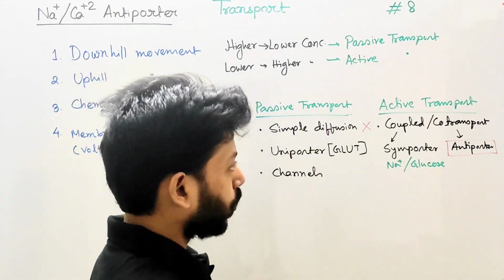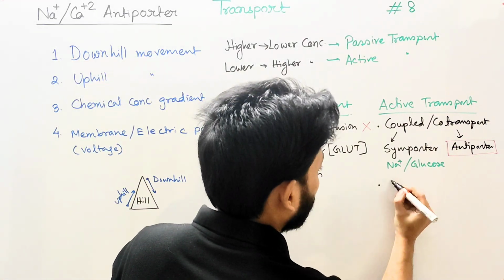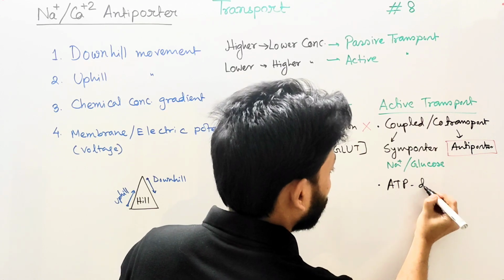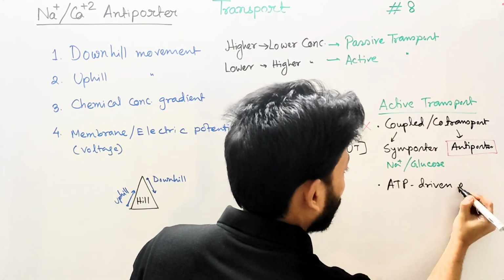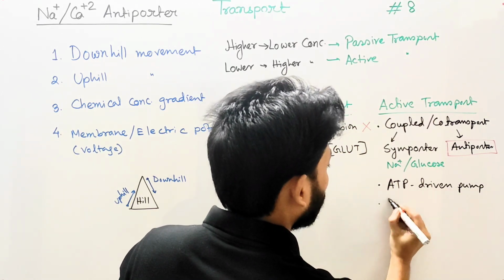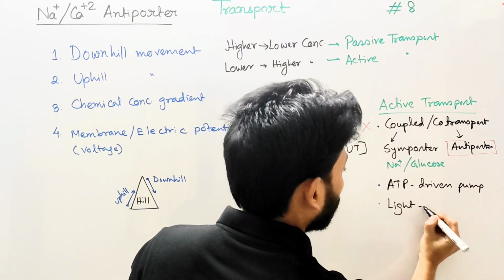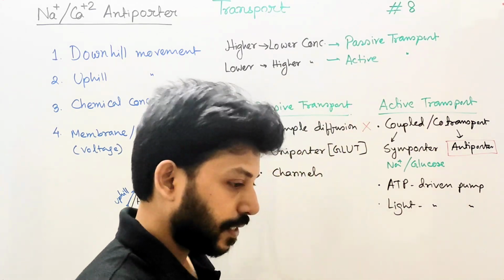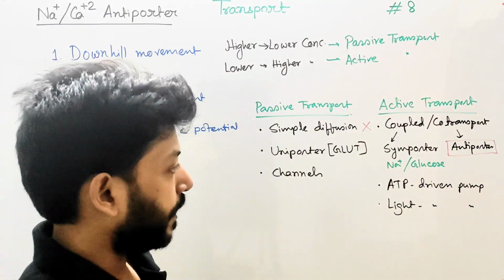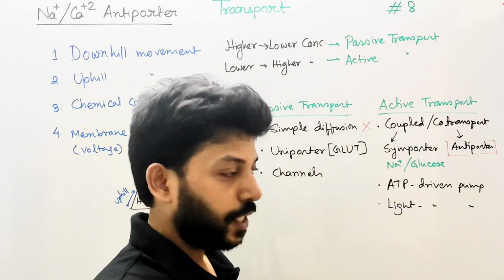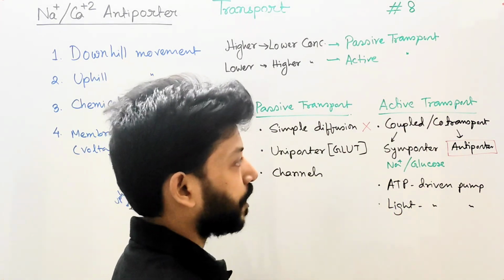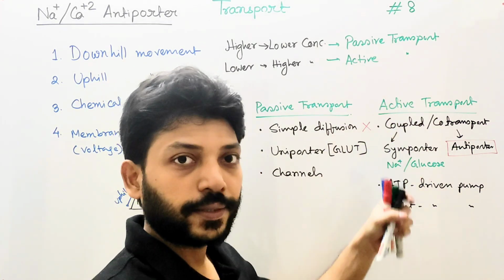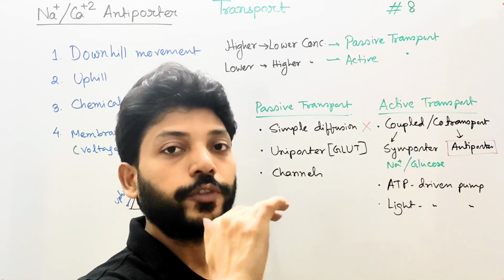Now, in the other two cases, ATP driven pump and light driven pump, active transport also occurs. Here ATP provides the energy and here solar energy provides the energy, and in all these three cases molecules move from lower to higher concentration.